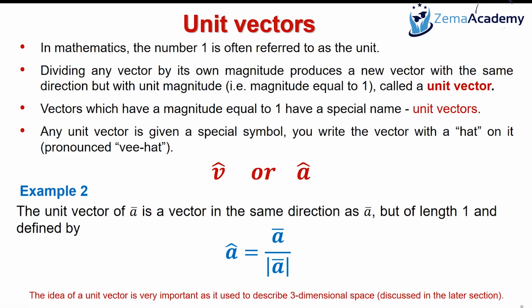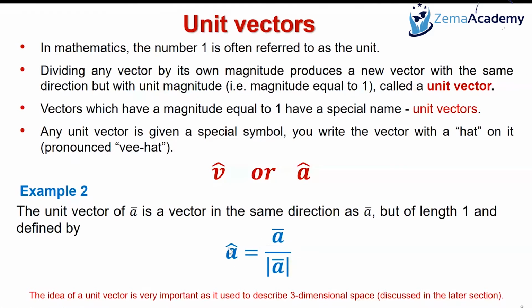Or it is sometimes, in different mathematics books, they try to differentiate this unit vector from other vectors by writing it with a hat over the symbol or the alphabet. For example, in this case, I just explained that A over |A| with a bar over it is a vector.